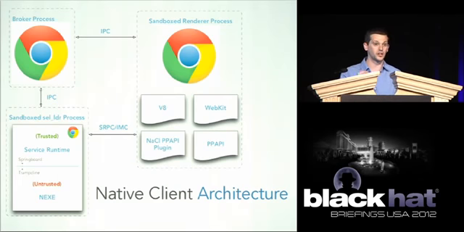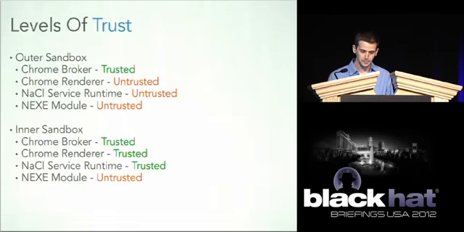That's where the untrusted Nexi modules live. And in the top left, you have the Chrome broker process, which is the more privileged process that handles privileged requests from unprivileged components. Every time I bring it up, the section I'm going to be talking about is going to be highlighted in red, to make it a little less confusing.